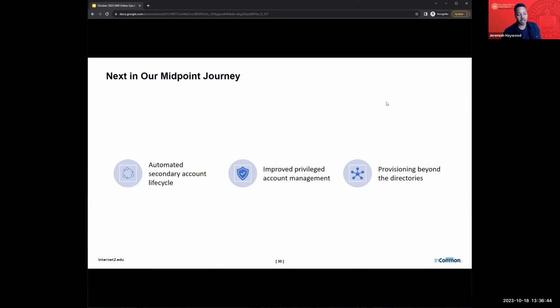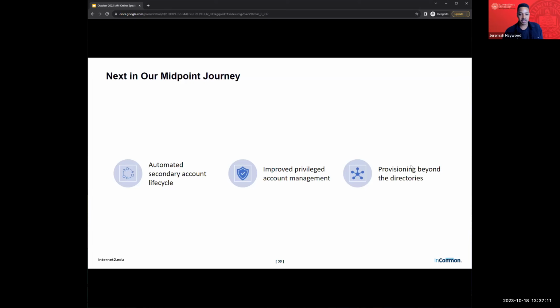And then that kind of ties into the improved privileged account management, looking to use those features that we're able to combine with Grouper and Midpoint, as well as hopefully using Midpoint's API to kind of tie in a secrets management system or some type of vault to be able to combine the two to work better with privileged accounts.